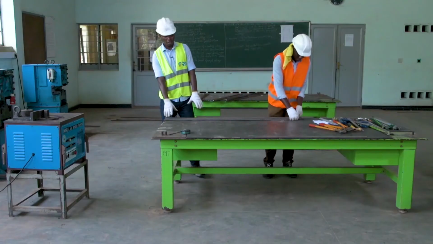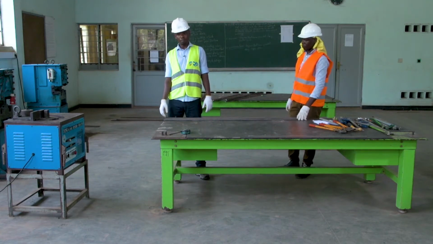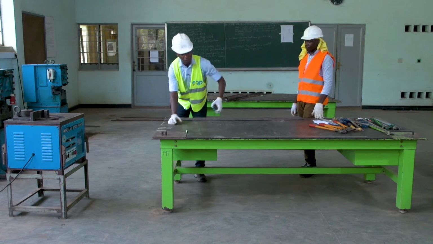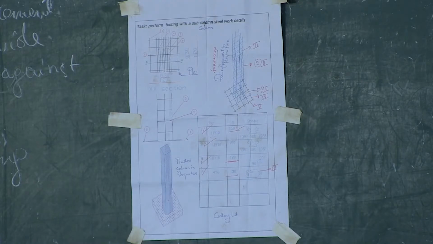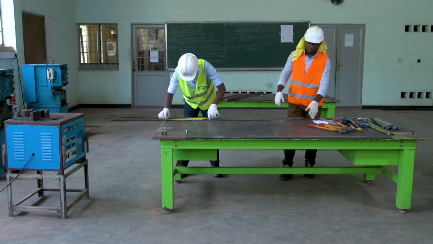So now we are going to mark the main bars for footing. As you see on our drawing, the bend is 15 centimeters. Here we are going to mark 15.